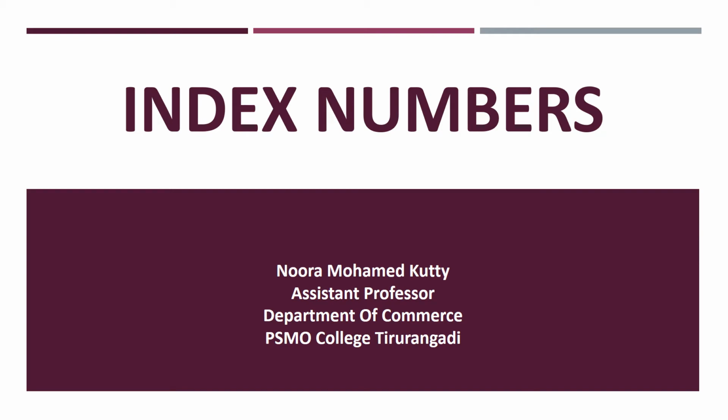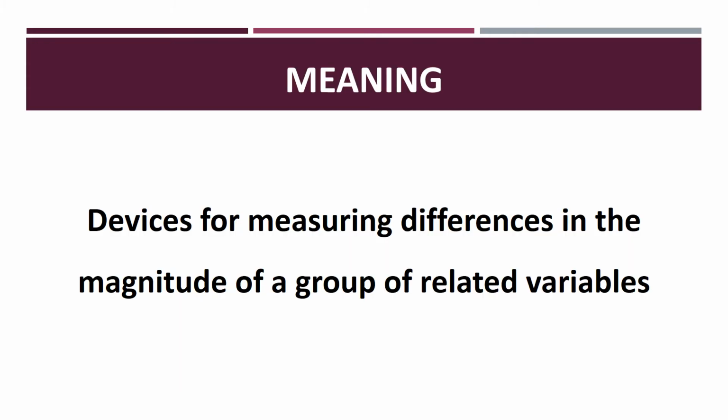In this video, we are going to discuss the index numbers. First of all, let us see the meaning of index numbers. It is a device for measuring the differences in the magnitude of a group of related variables. In the case of a simple average, it is a direct measurement of the central tendency of the variable having the same category of data or expressed in similar units of measurement.